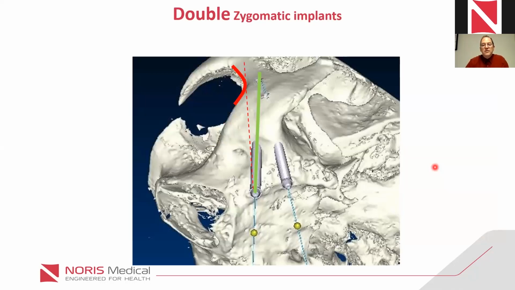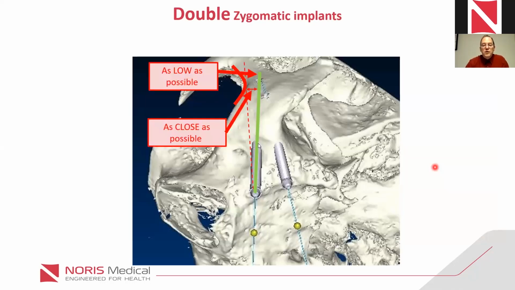We need to remember that if we put this implant very high, there will not be a possibility to position the posterior implant above it. When they are colliding, the posterior implant will always be above the anterior implant. So we need to leave this possibility for us to have the posterior apex above the anterior implant.